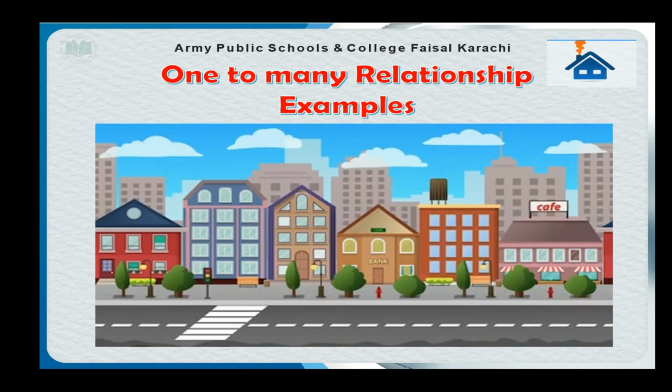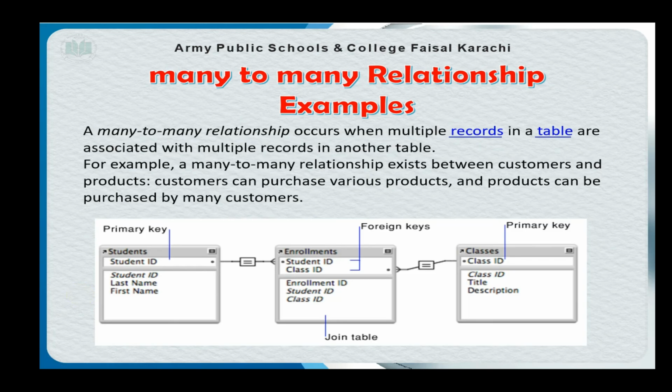Here is our third example: houses on a street. A street will have 0, 1 or many houses, but each house will be on one street. Lastly, there is also the many-to-many relationship.